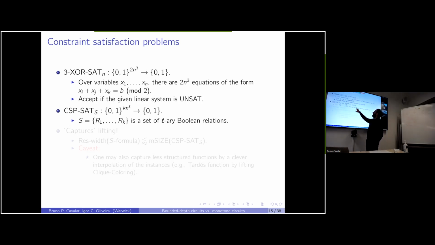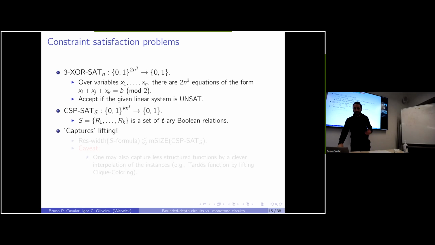Here I'm just looking at a set of Boolean relations, but you could talk about each of them having different parities, and you apply these constraints just like you did here, and you get some monotone function.